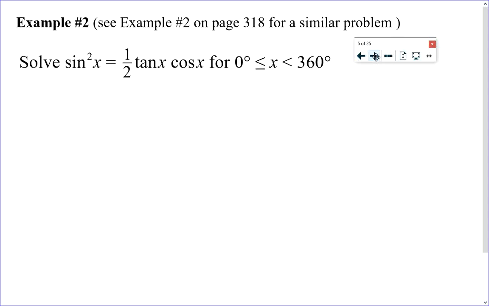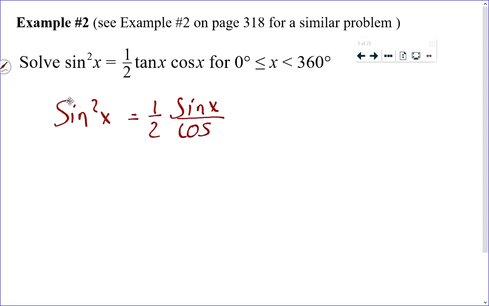Well, holy smokes. We got sines, we got cosines, we got tangents. I'm just going to ask the question. How many of you see that tangent of x times cosine of x is sine of x? What we would do here is we would replace tan of x with sine of x over cos of x.